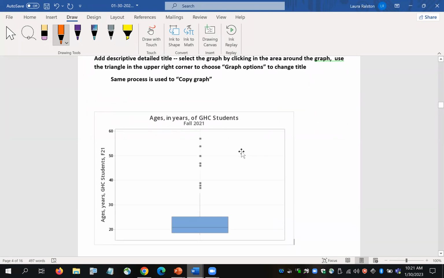So again, just for emphasis sake, to help you see, this little bar comes down, in this case, to the minimum. The lower part of the rectangle is Q1.